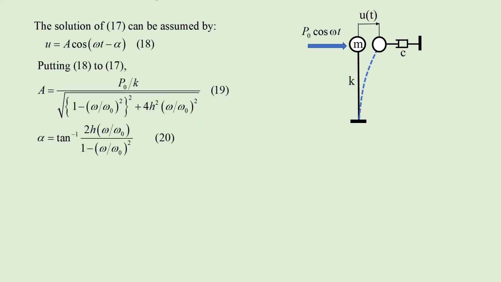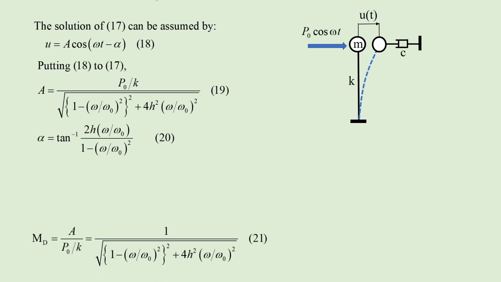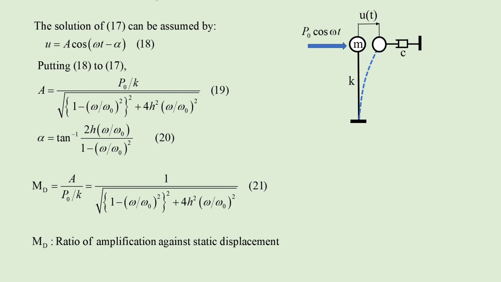Putting equation 18 to equation 17, we get A and alpha as equation 19 and equation 20. MD is defined by A over P0 over k, which is the displacement when P0 acts statically. So, MD is the ratio of amplification against the static displacement.